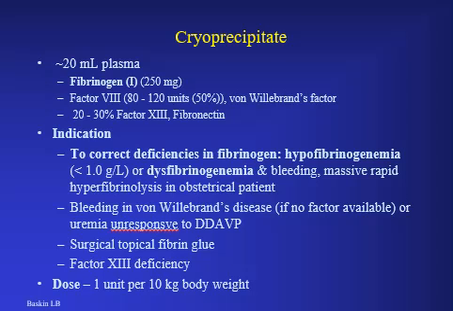Currently, its major use is to provide fibrinogen in situations in which there's hypofibrinogenemia or a dysfibrinogenemia with bleeding. It might be used in some other situations, such as bleeding with von Willebrand's disease, but only if that factor is not available, or with uremia that's unresponsive to DDAVP.